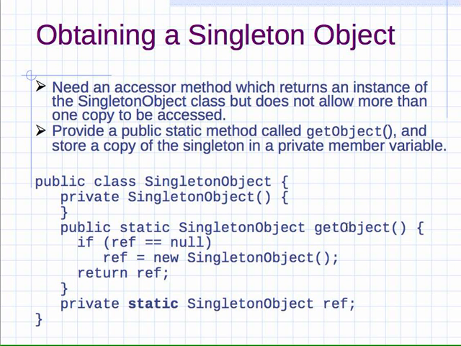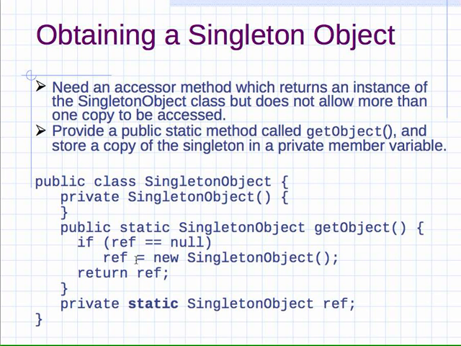What this will do is it will check initially ref is null, and so it'll create a Singleton object right here, and this should be the only place that you can create a Singleton object. Okay, so this is the only place you can call the constructor because the constructor is private. And so now the first time that you call getObject, ref will be null.